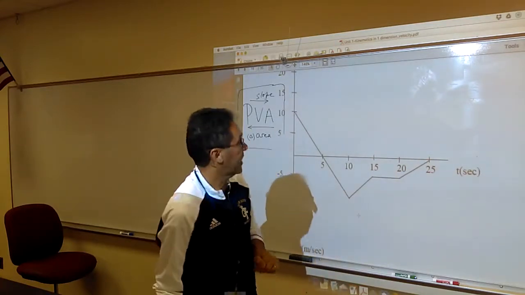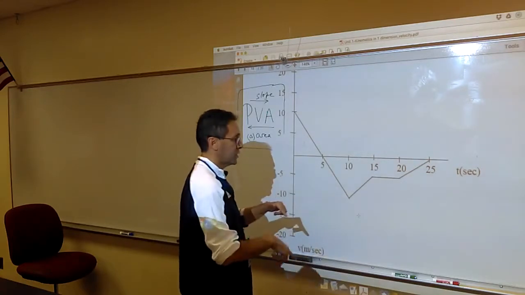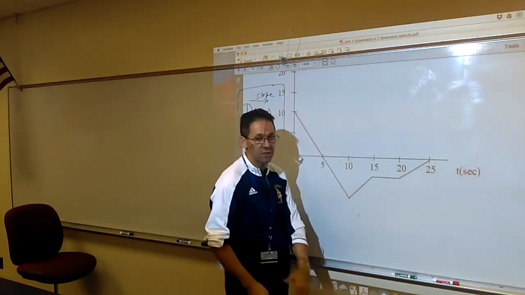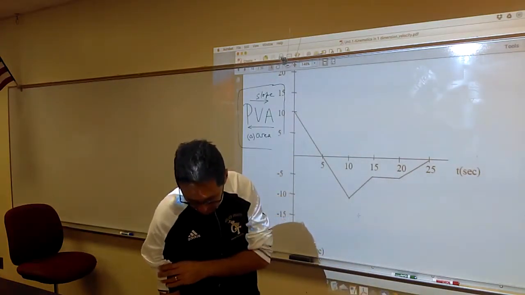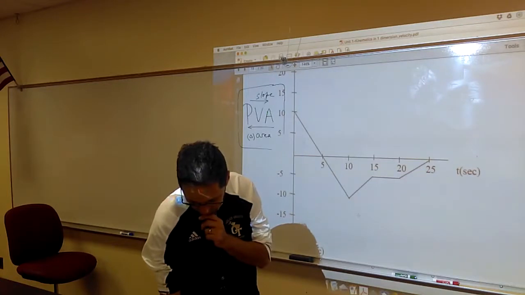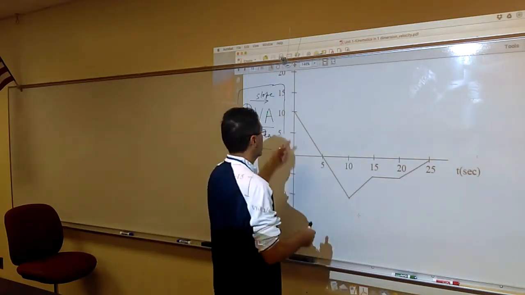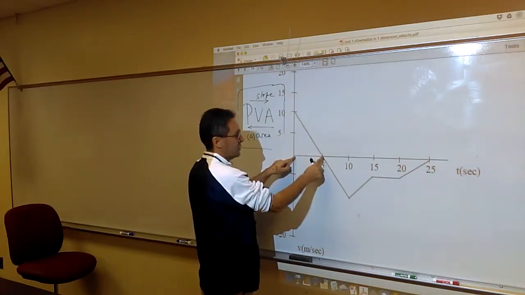When is the object moving backwards? That's the same thing as saying when is the object moving in the negative direction. I already addressed that. It's between 5 and 25 because the curve happens to be below the time axis. When is the object decelerating, meaning when are you slowing down? Well, you're slowing down between 0 and 5 seconds because you're going from 10 to 0.